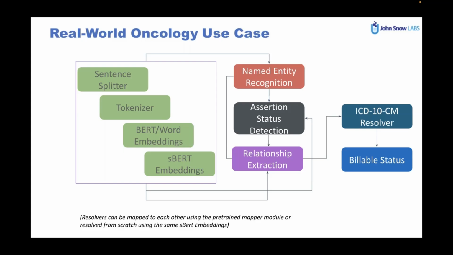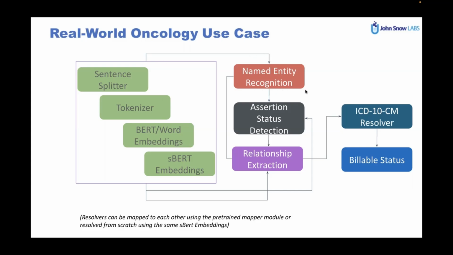After splitting the sentences, we will tokenize them and then vectorize them, because models cannot understand plain text, right? We need to vectorize them. After the vectorization stage, the embedding stage, I mean, we will send them to the NER model.